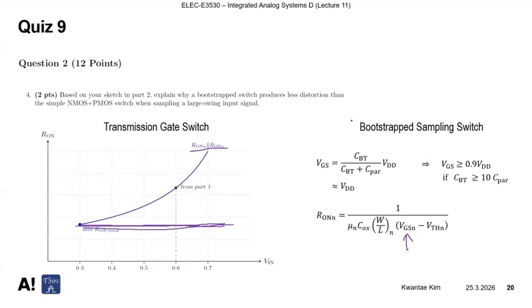So in most cases, the bootstrapped sampling switch is better in terms of less distortion. You don't need to write down this much detail, but the question was checking whether you really recognize this difference between the transmission gate switch and the bootstrapped sampling switch.